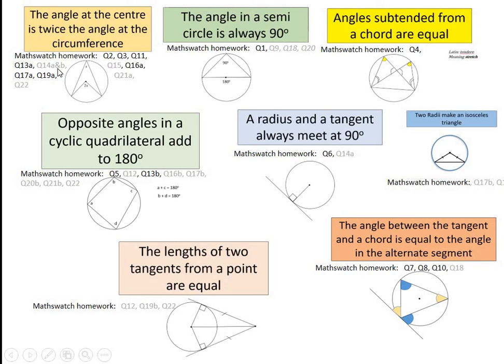So the ones in grey, you might also need to use one of the other theorems. Let's have a look. I think there's one here, question 18, that uses the alternate segment theorem and angles in a semicircle is 90 degrees. So I hope that helps.